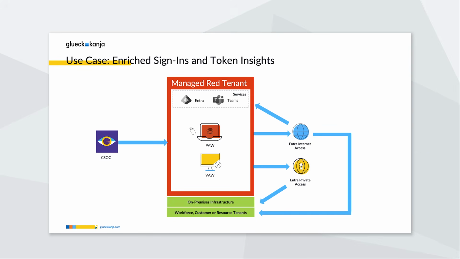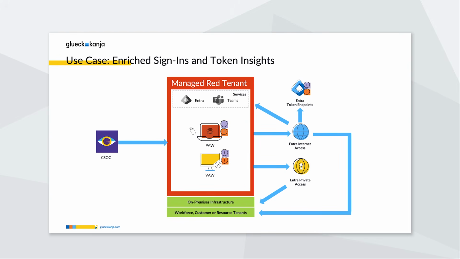And as we already mentioned, now we have signals from private access and internet access in the game. If we take a look at the whole authentication flow, of course, tokens are involved. And the Cookie Monster also loves tokens, not only cookies.